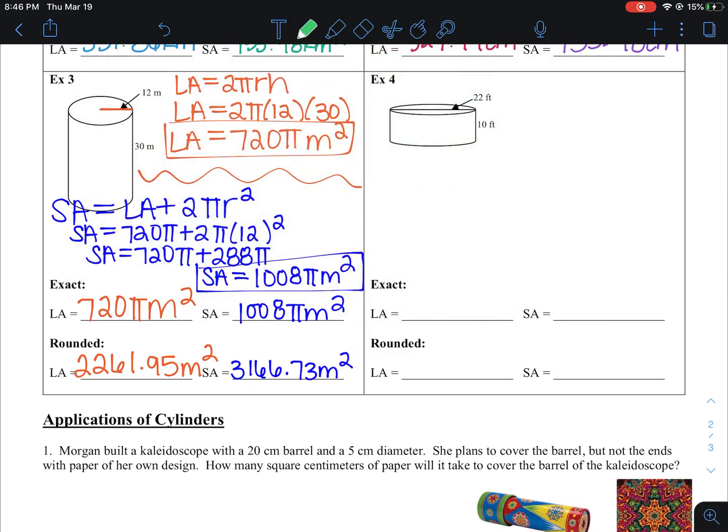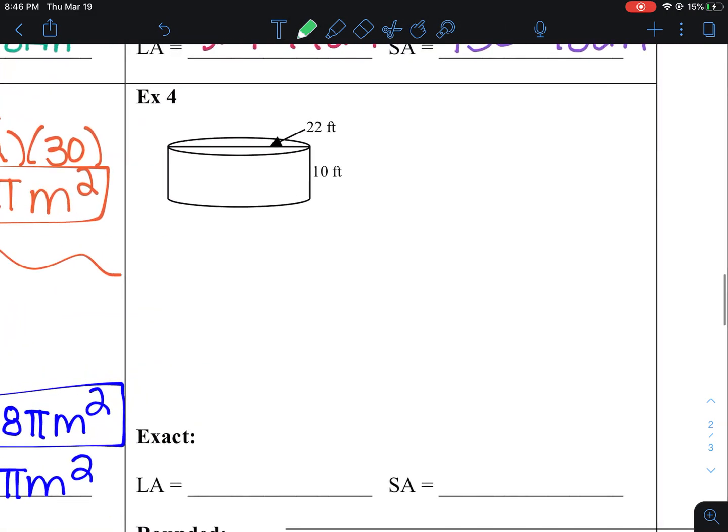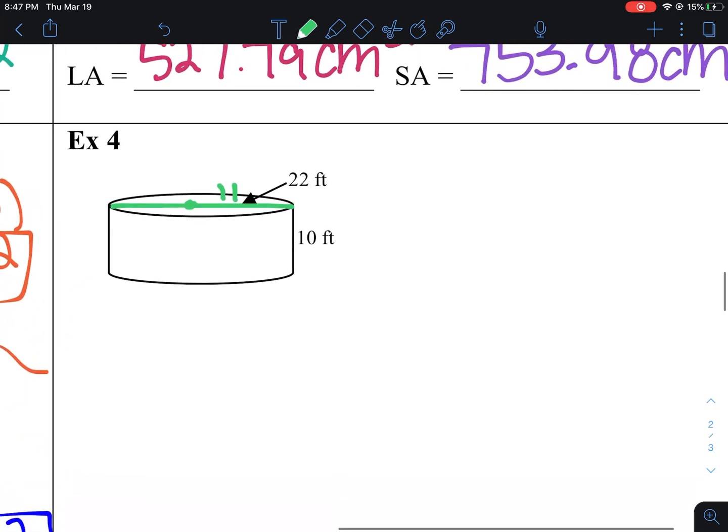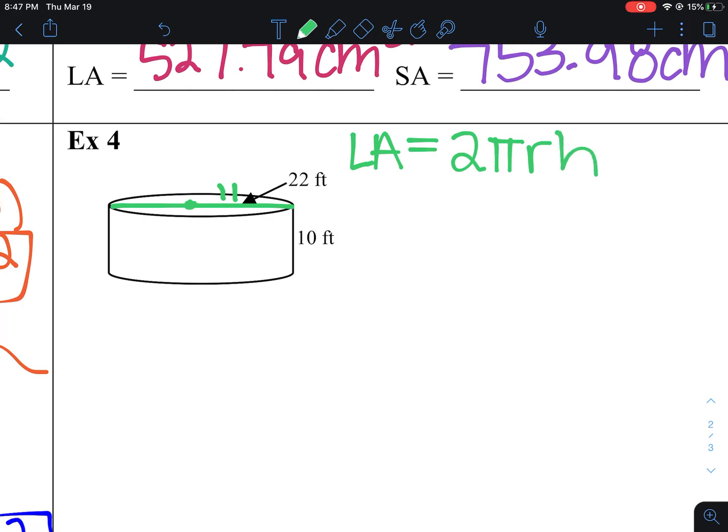That's fine too. So example 4 is just like example 2, where it gives you this whole entire diameter across, so you don't be tricked by that, right? You need to make sure that you know that would mean the radius from the center to the edge is 11, right? Okay. So lateral area, 2 pi r h.